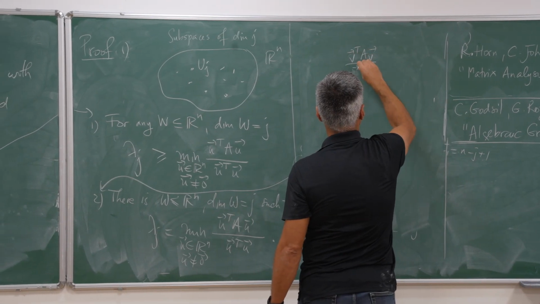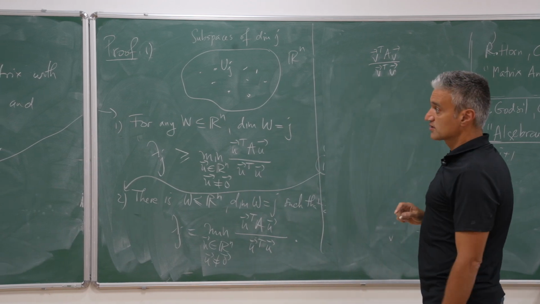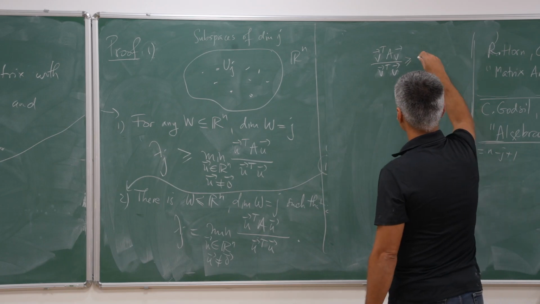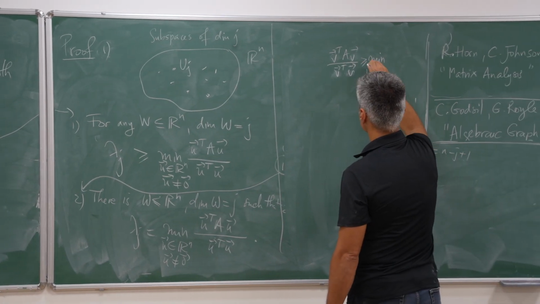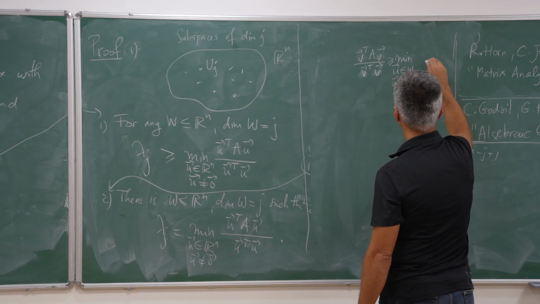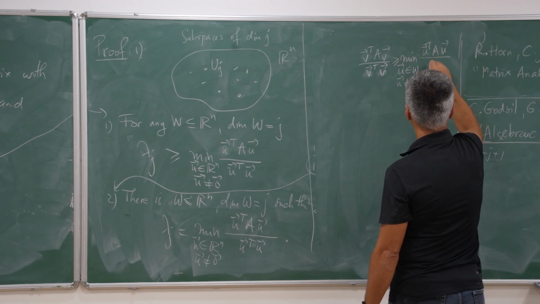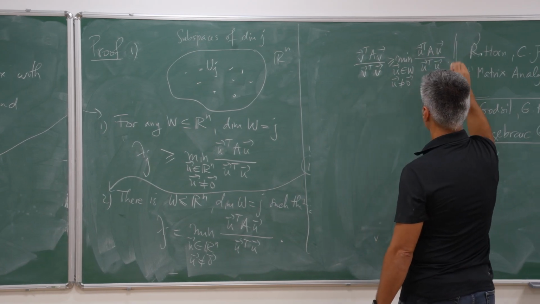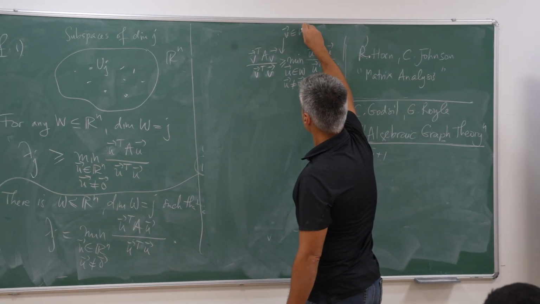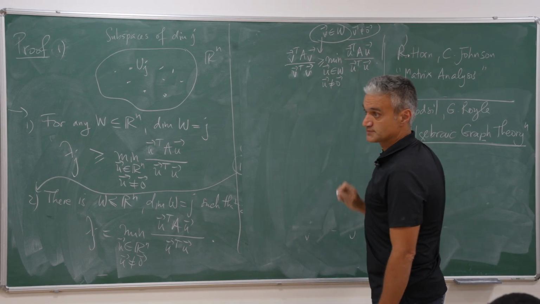Now, because v comes from the space W, this is going to be greater or equal than the minimum over all u in W of u transpose A u. This is because v belongs to W. And obviously v is not 0.